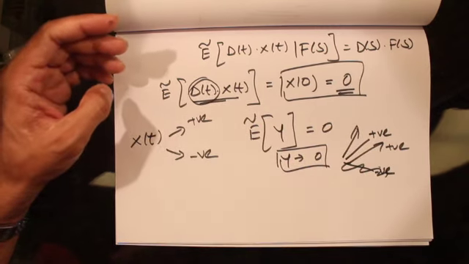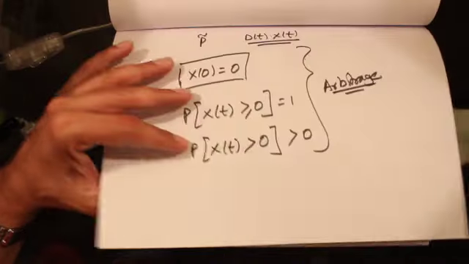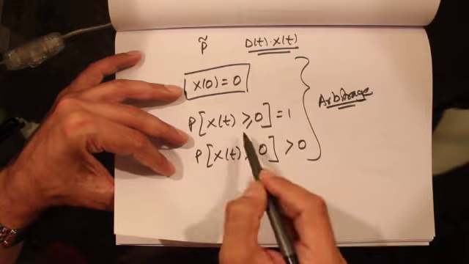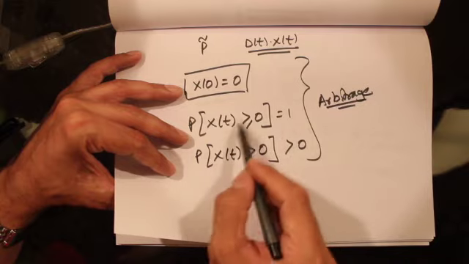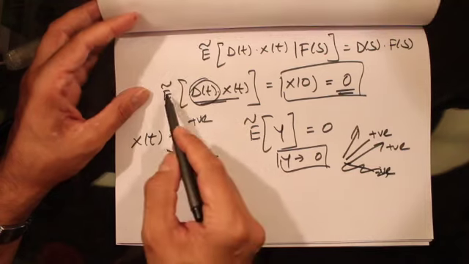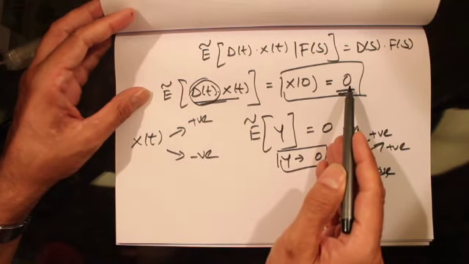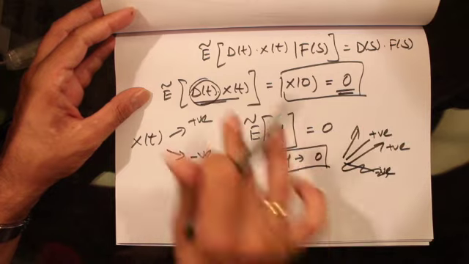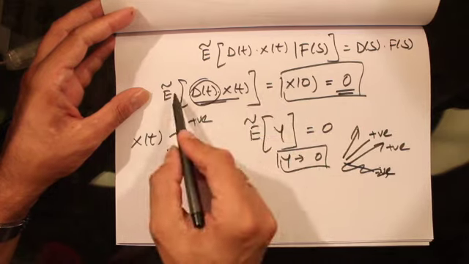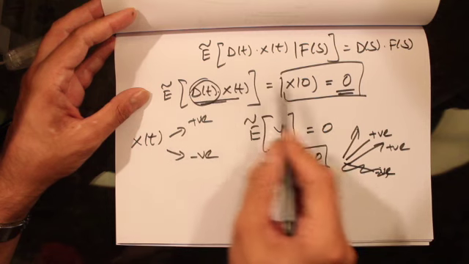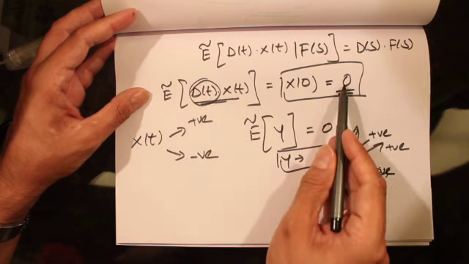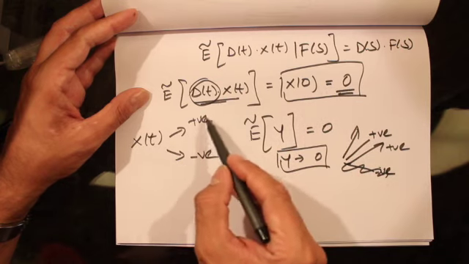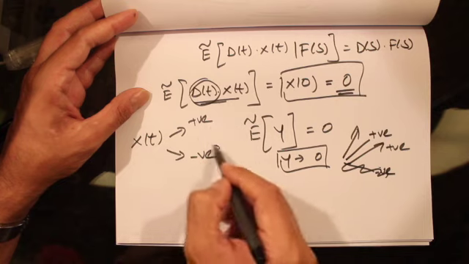If it's always positive, which is the case required for arbitrage, we always want the portfolio to be positive. If the portfolio's value is always positive, then the expected value will not be equal to 0. Expected value would be positive, hence it would not be a martingale. So for a martingale, we want this expected value under the risk neutral measure of the discounted value to be equal to 0, and the only way this can be 0 is if X_t can take positive values and also negative values.